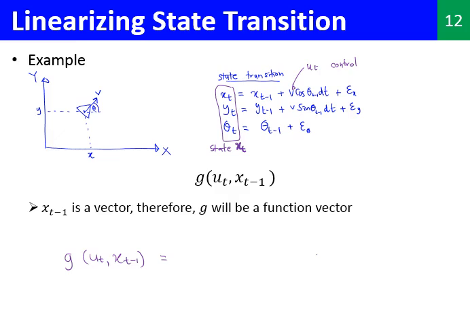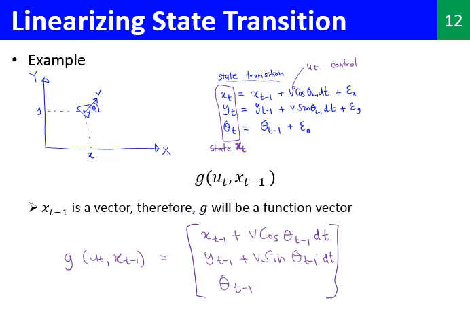So we have three components. x t minus 1 plus v cos theta t minus 1 dt. Next we have y t minus 1 plus v sine theta t minus 1 dt, and finally we have theta t minus 1. So the deterministic parts come here into the function g, and this is a 3 by 1 vector.